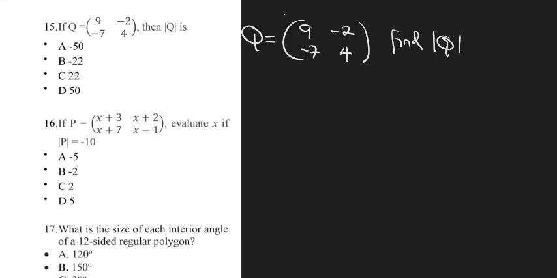You are going to simply multiply the diagonals, that's cross multiplication. You multiply this by this, then subtract it from this by this, right? So we're going to say 9 times 4 minus 7 times minus 2. So this is going to be 9 times 4, then minus 7 times minus 2.